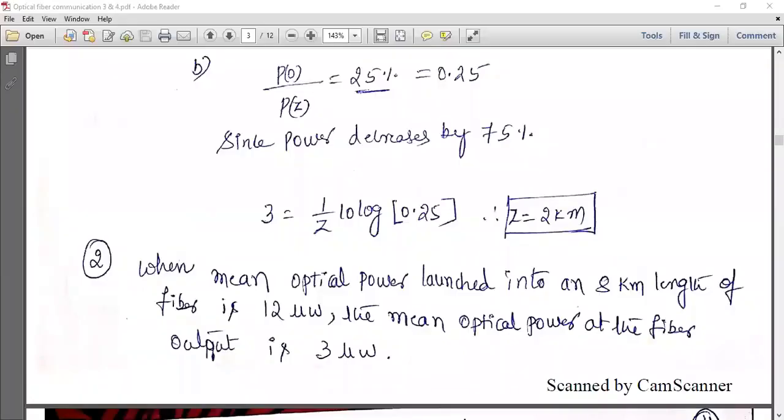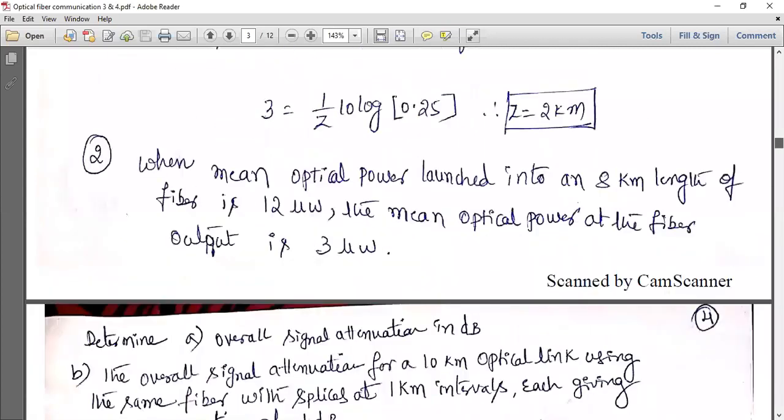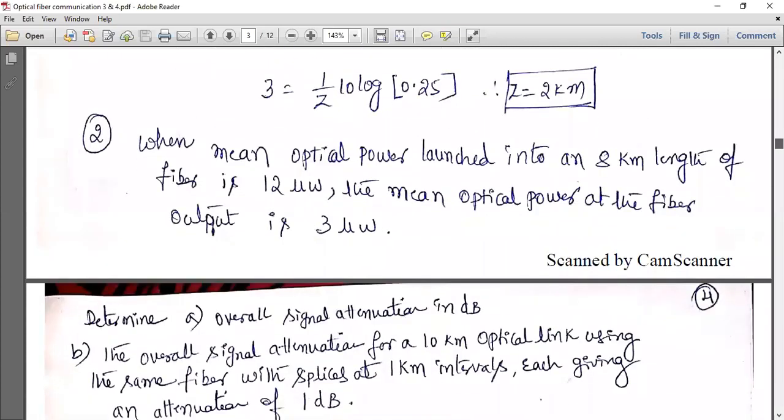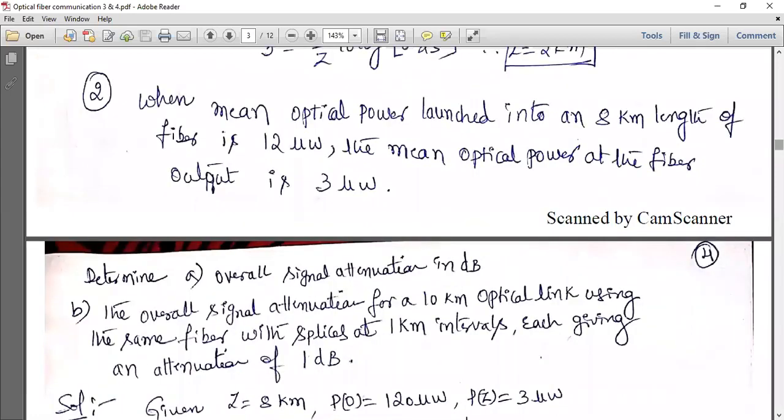Next one. When the mean optical power launched into an 8 kilometer length of fiber is 120 microwatt, the mean optical power at the fiber output is 3 microwatt. You should determine the overall signal attenuation in dB, and the overall signal attenuation for a 10 kilometer optical link using the same fiber with splices at 1 kilometer intervals, each giving an attenuation of 1 dB.